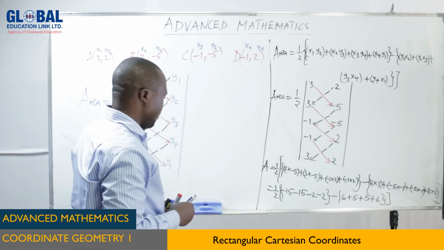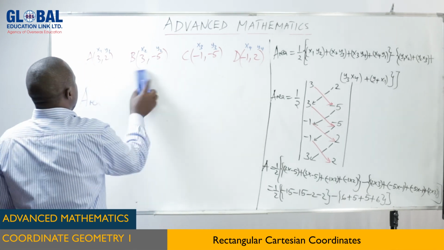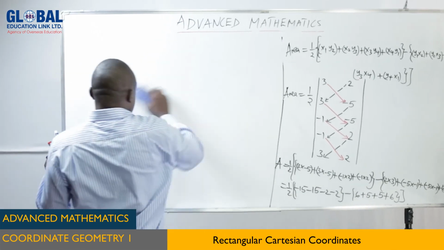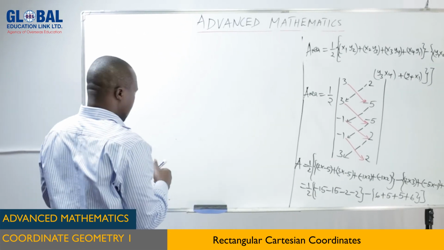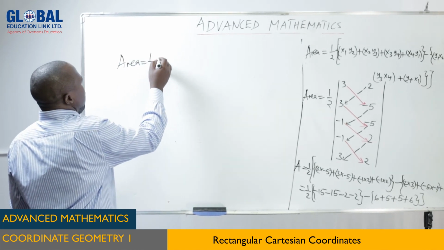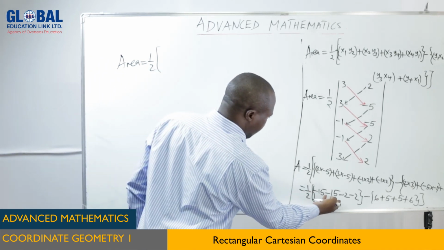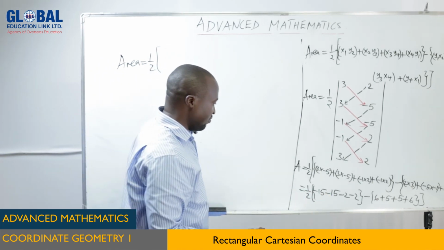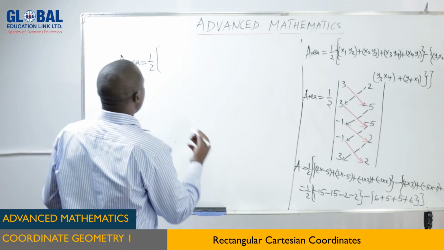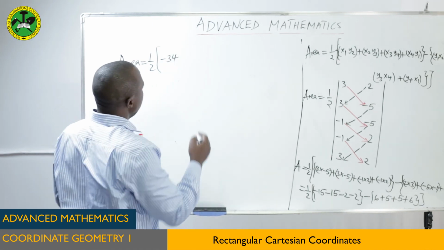In this case, we are going to have the following result. That is area is equal to a half bracket of, we have -15, that is -30. -2, it will be -34. So that is -34.